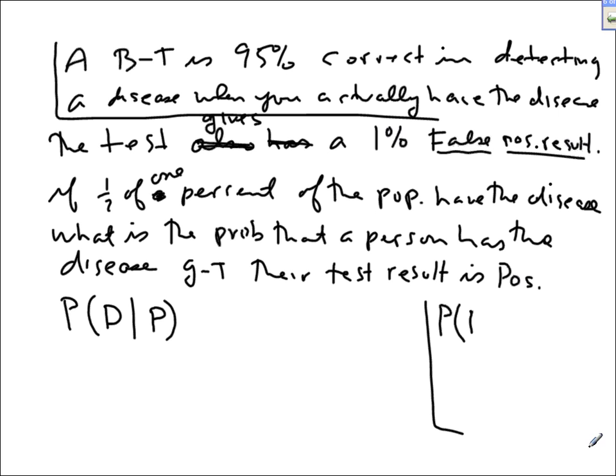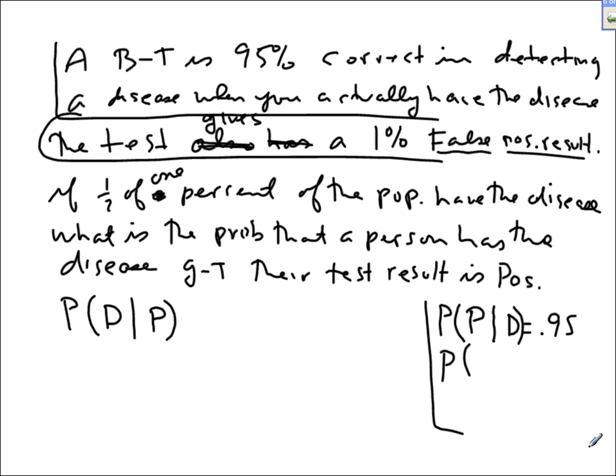So the probability of getting a positive result given that you have the disease is 95% of the time. The test gives a 1% false positive result. What's the probability that the test is positive given that you don't have the disease? You came back positive, but since you don't have the disease, it's a false positive. This is 1%.